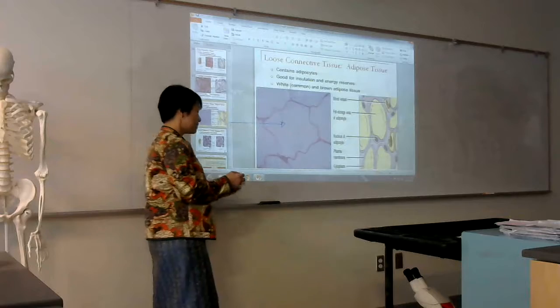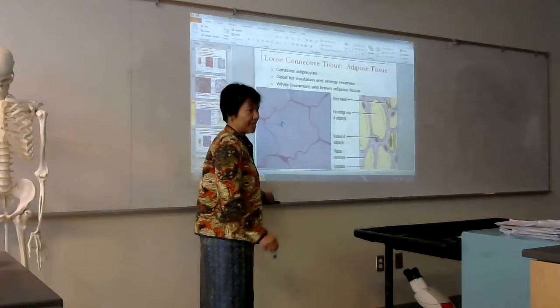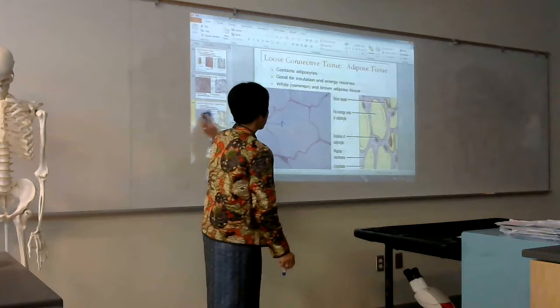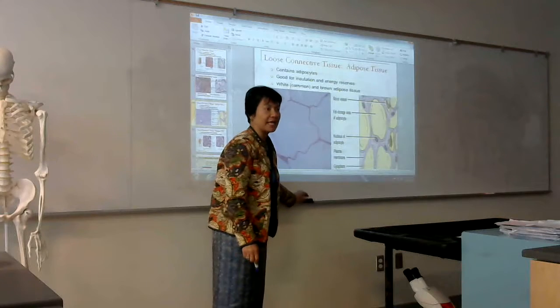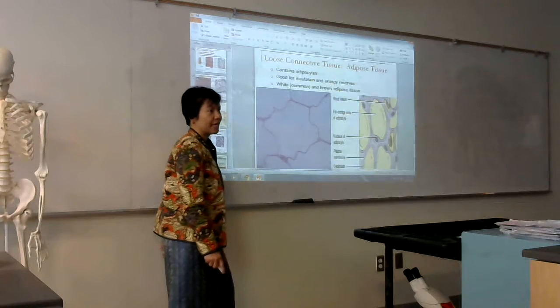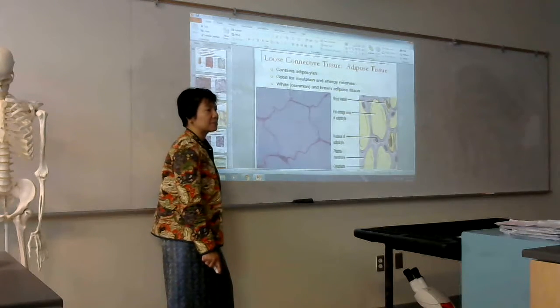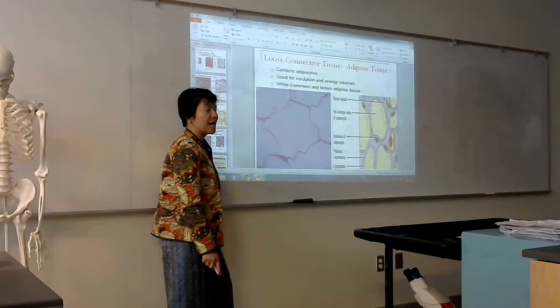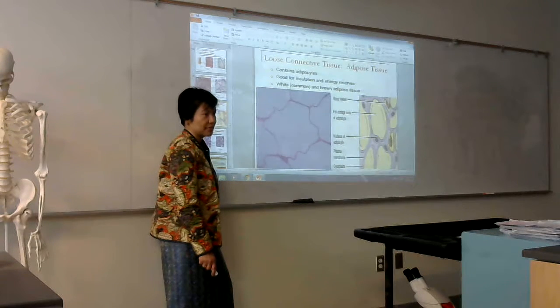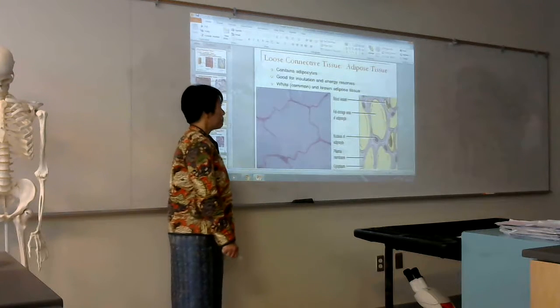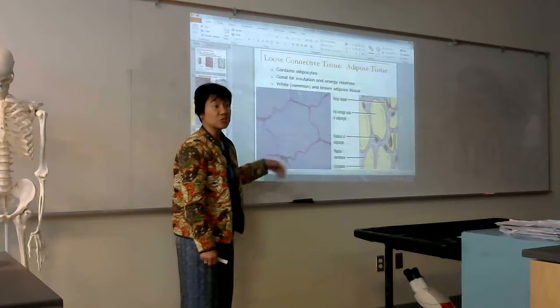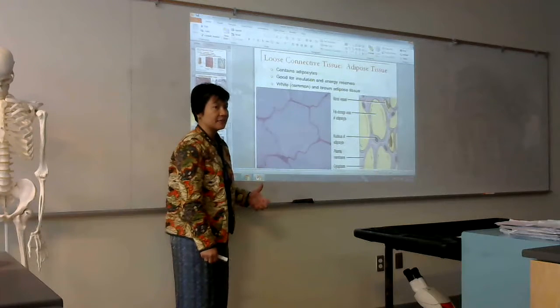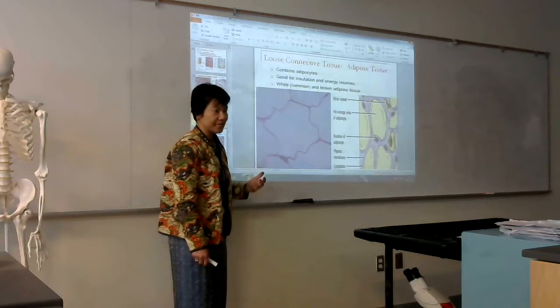There are two types of fat, brown fat and white fat. Brown fat is only found in babies, okay? The reason it's brown is it's very vascular and has a lot of mitochondria. Its cells will have a lot of mitochondria because the purpose of fat is stored energy, and when you burn it, it gives off heat.